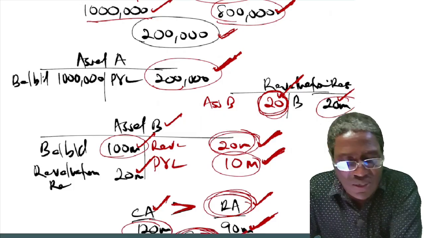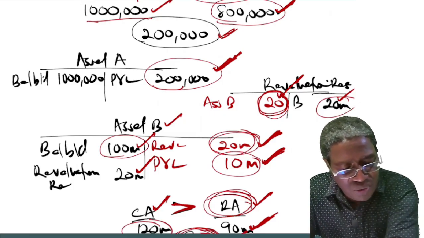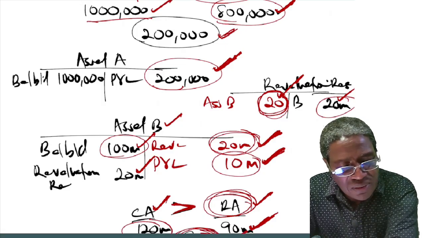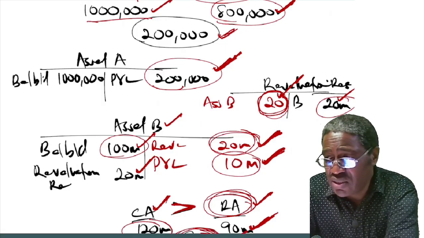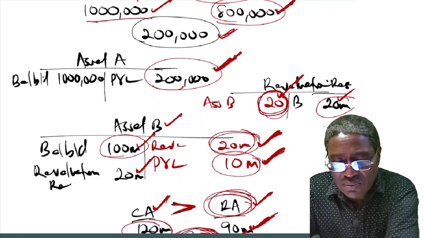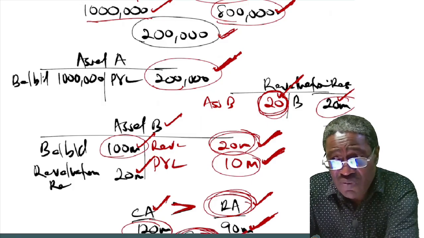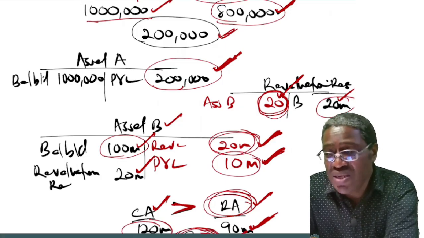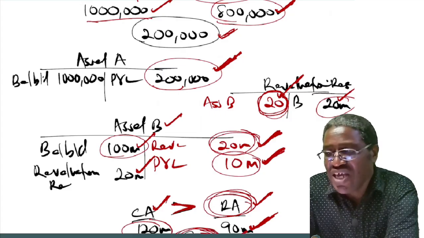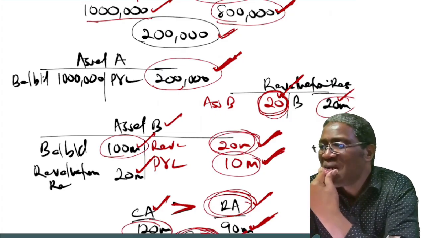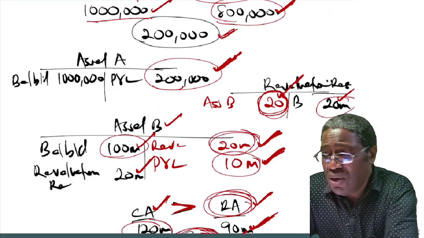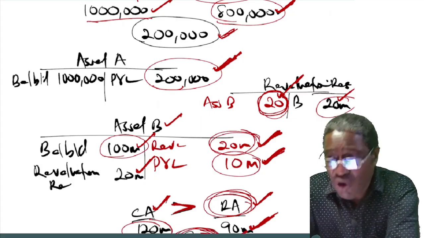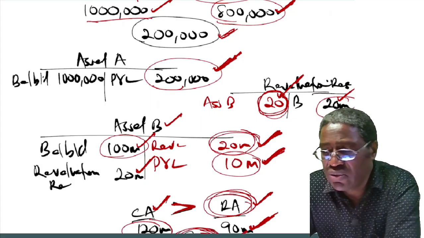Okay, we move on. So I was saying, recoverable amount of an asset is the amount that is considered to be the higher of, then you put a semicolon.